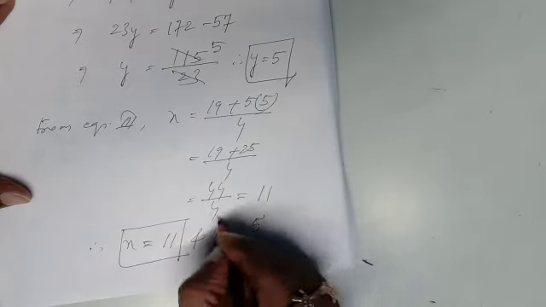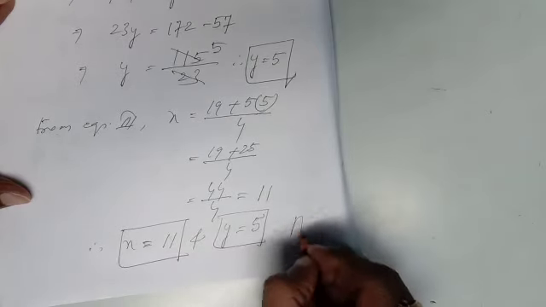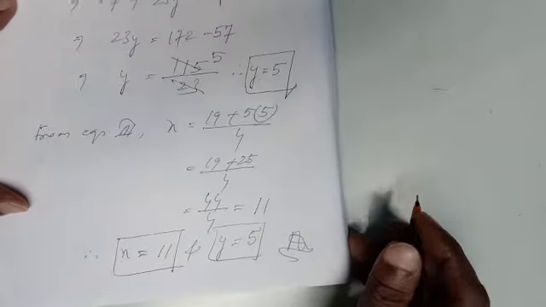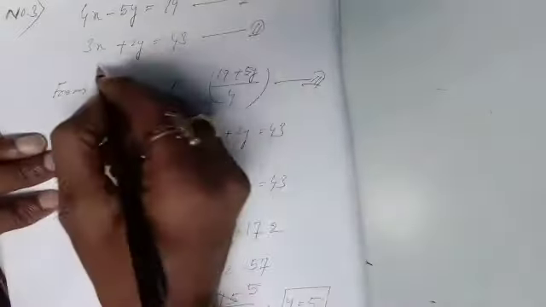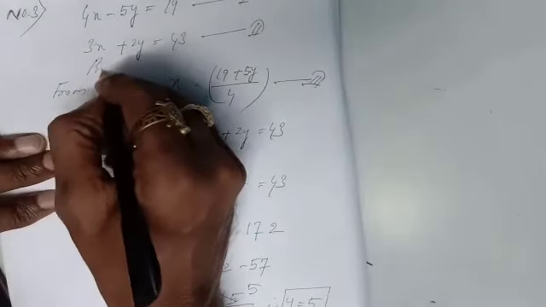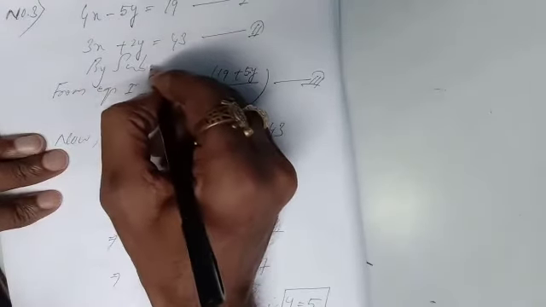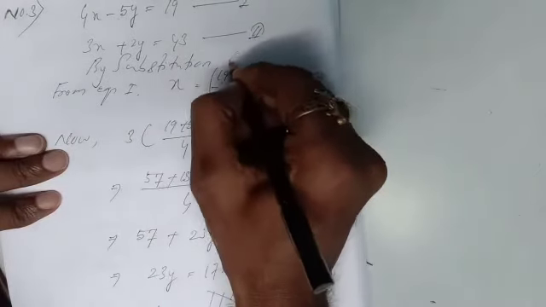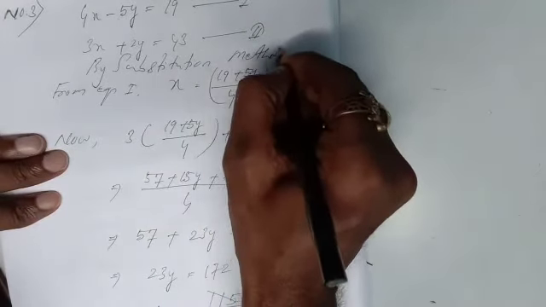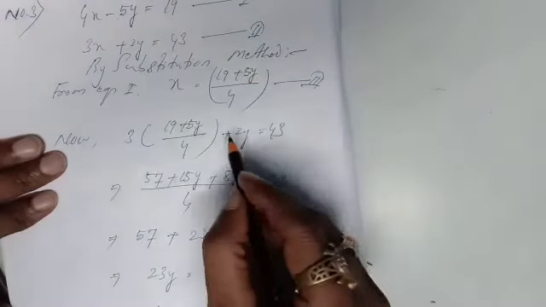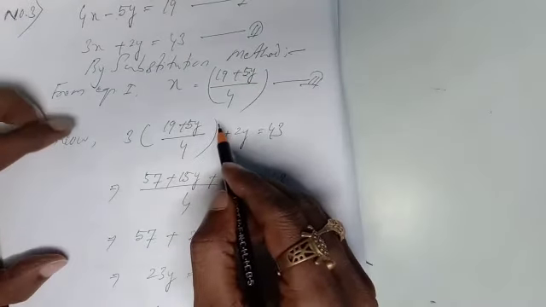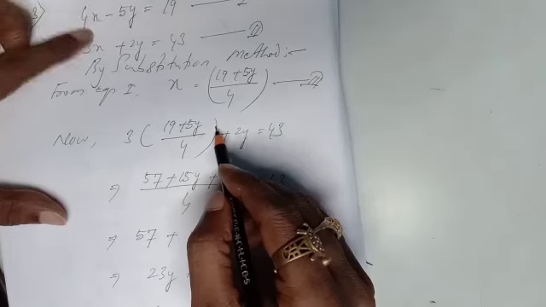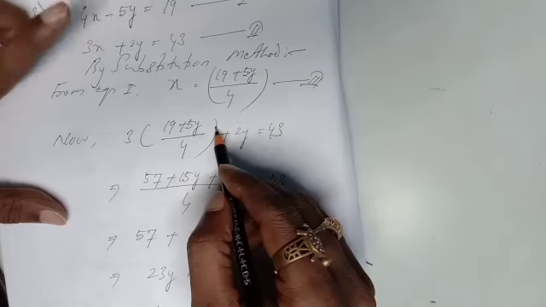This equation I have solved by the substitution method. Substitution method is nothing but you have to substitute the value of x or y from equation 1, and that value you have to put in equation 2.